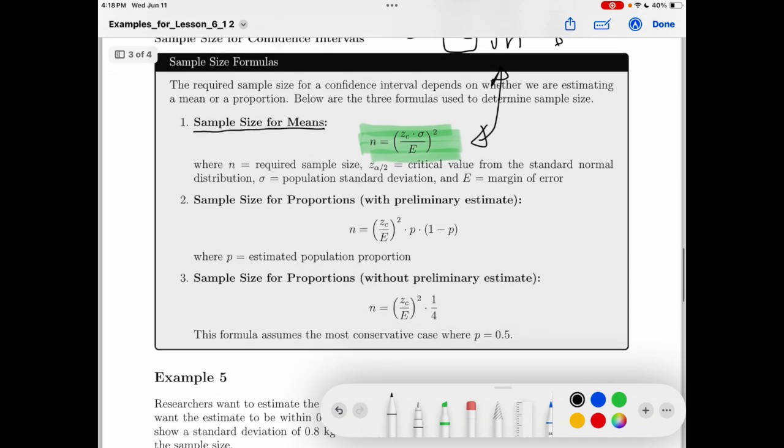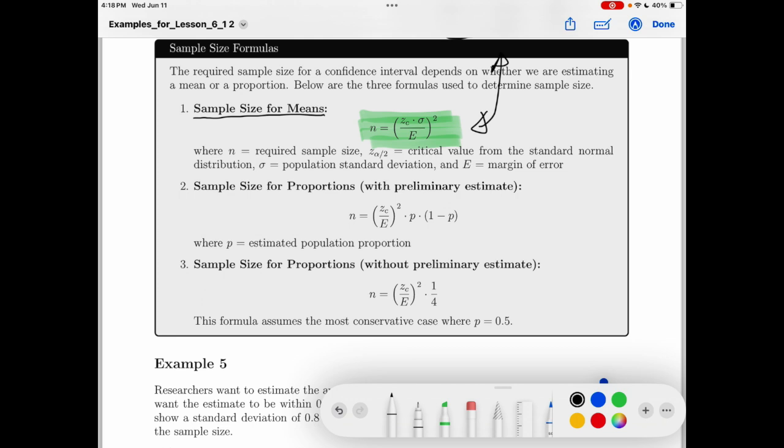Now, if we're dealing with proportions, we want to use this formula here. These two formulas are exactly the same. They look different, but this one below is just a special case. If we don't know what our value of p is, which is our preliminary estimate based on previous studies, then we estimate p to be 0.5.